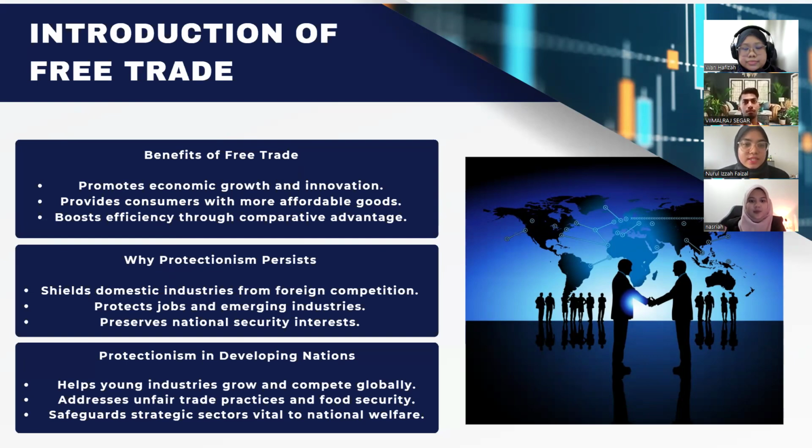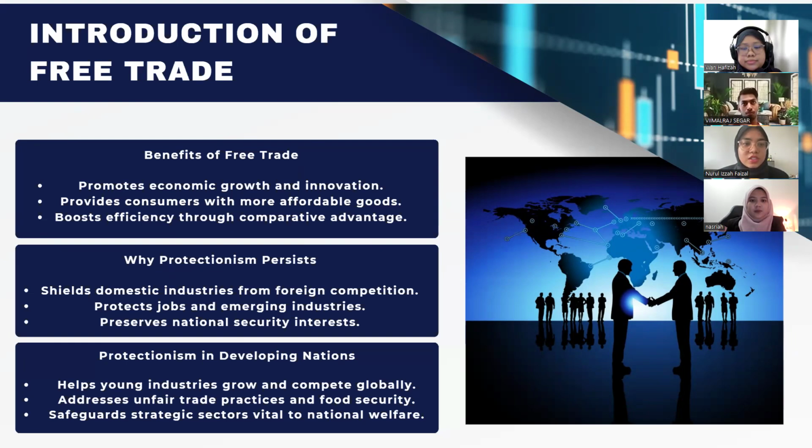Despite these benefits, many countries still opt for protectionist policies such as tariffs, quotas, and subsidies to shield their domestic industries from foreign competition. These policies are often seen as a way to safeguard jobs, protect emerging industries, or preserve national security interests.